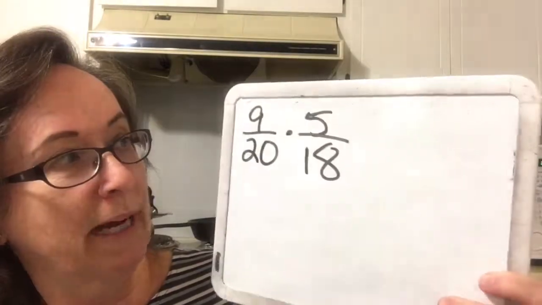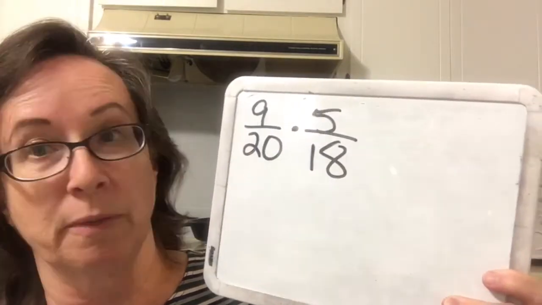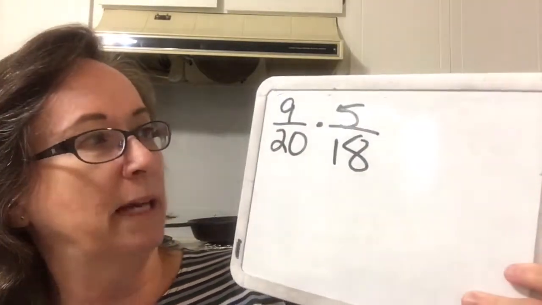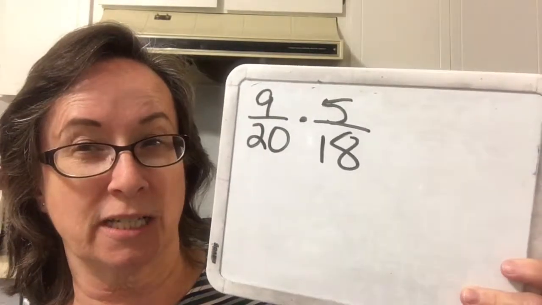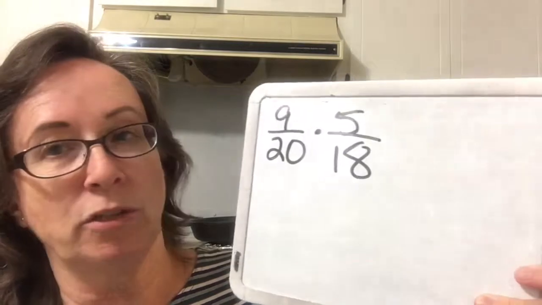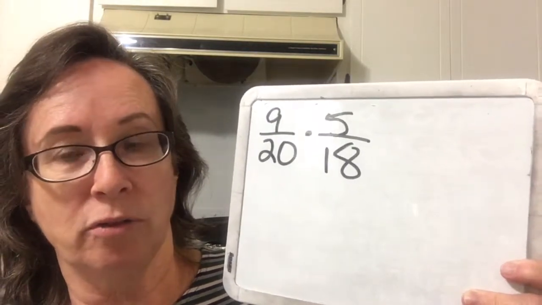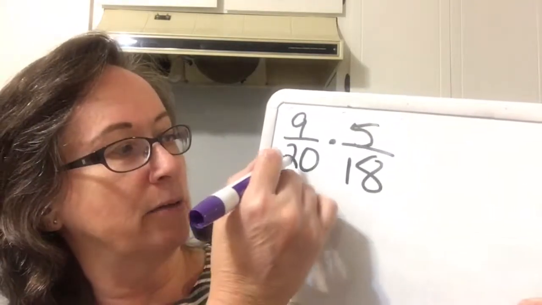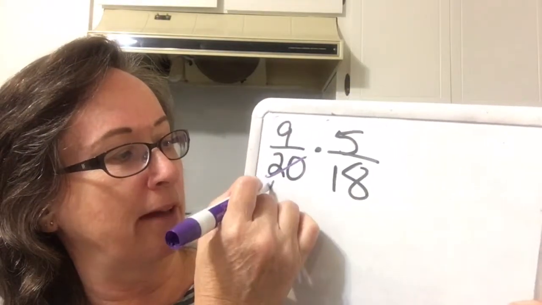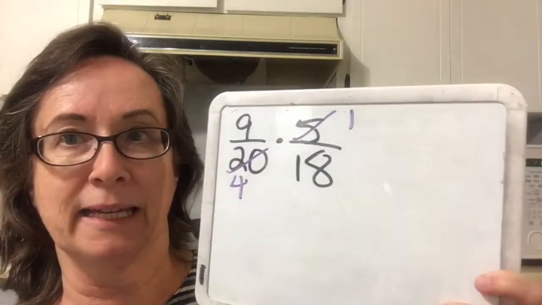Okay, so now we're starting to work on multiplying rational expressions. We're freshening up our concepts on multiplying fractions, because remember, rational expressions are just fractions made up of polynomials. If we were going to multiply, wouldn't we try to factor and cancel? Since I can divide 20 by 5 and get a 4, and 5 by 5 and get a 1, I can do that.